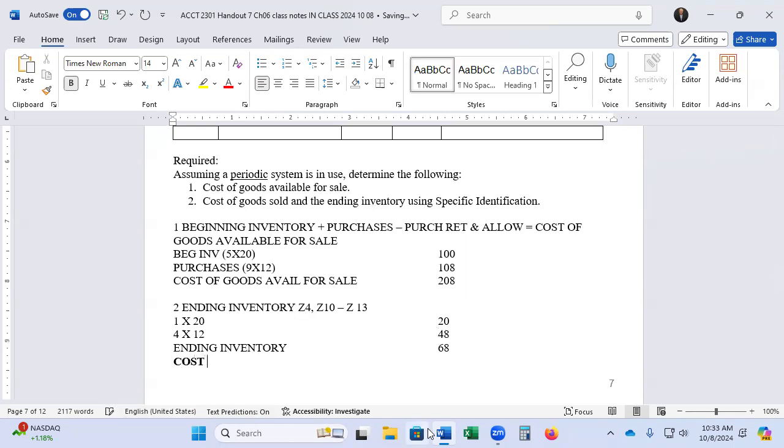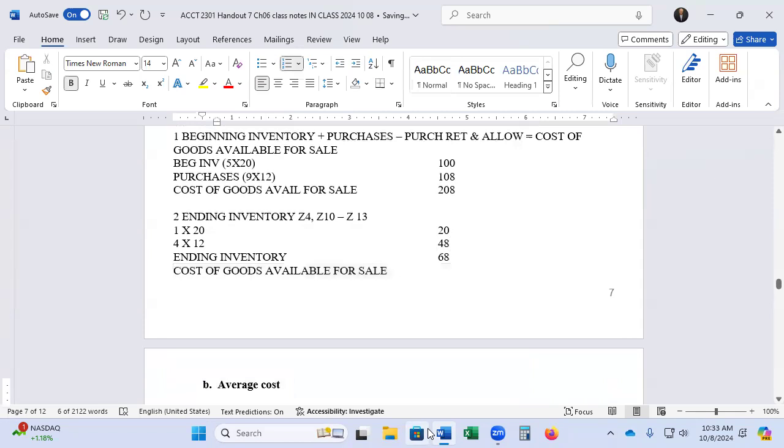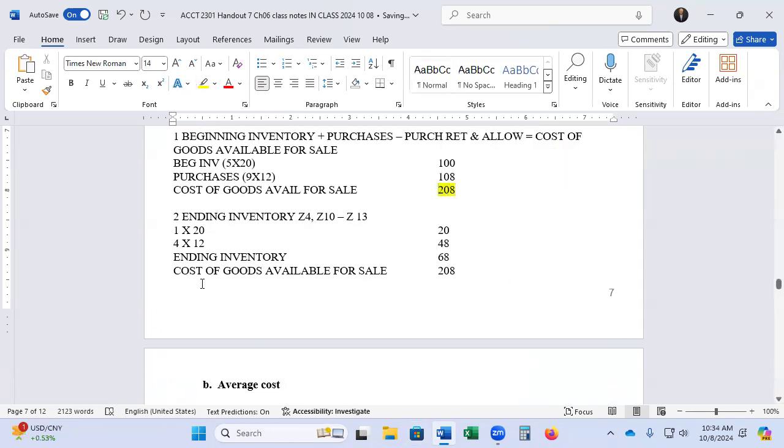Now, if I take my cost of goods available for sale, and I'm not writing this in bold for any reason, it just changed. That's 208 taken from above, right? And I subtract the ending inventory.